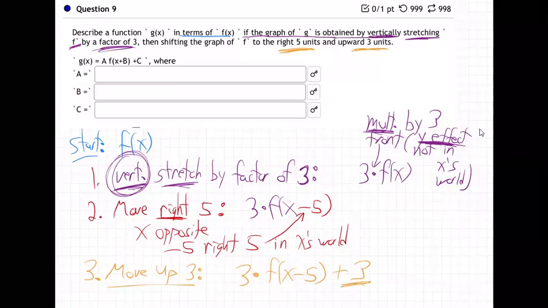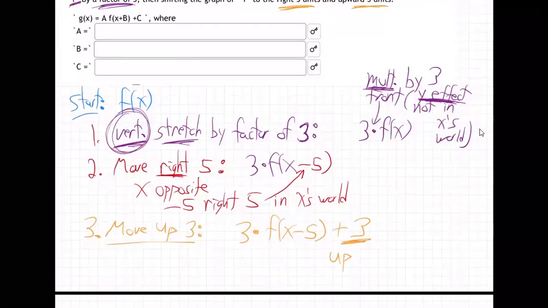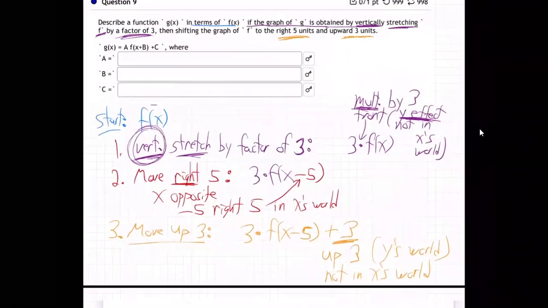There we go. Just add 3 at the end. Up 3 is not in x's world, it's in y's world, right? Because it's not in the parentheses. So it's up 3.